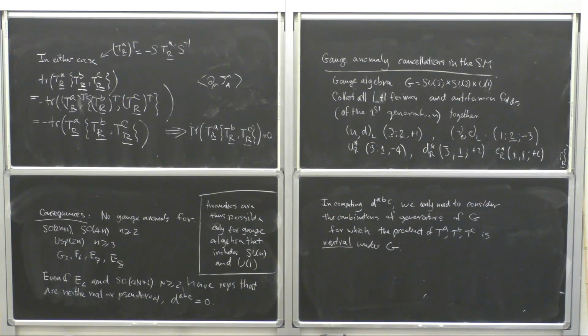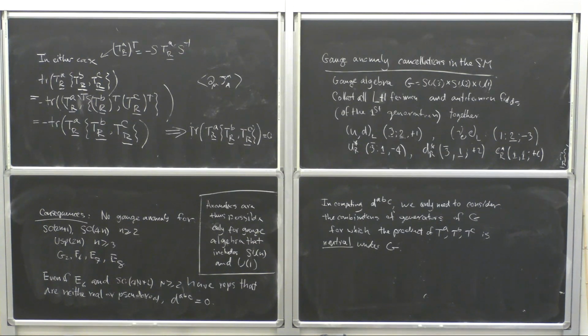Because at the end of the day, you take a trace, right? d^{ABC} is defined by that trace. If you take a trace and there are no neutral pieces left, what do you get? Zero, because generators are traceless. Remember this, right? Is this statement clear for you? This is very important. It will reduce the work by a huge amount.